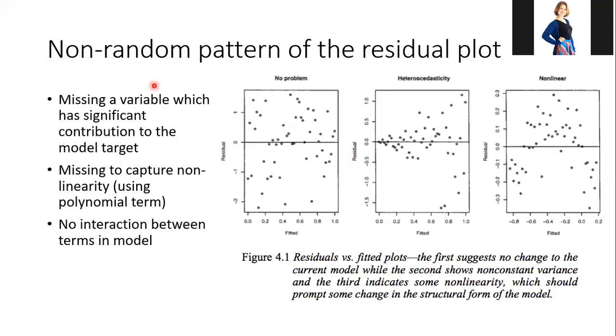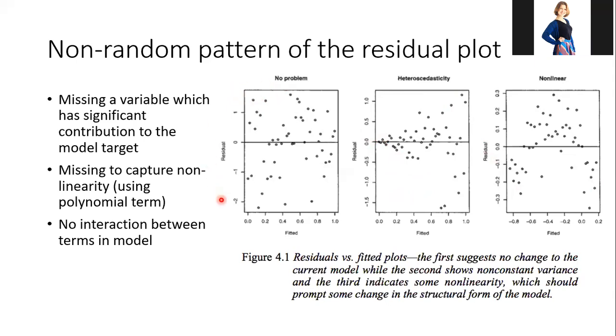So what does it mean that we have some pattern in our residuals? You see that in the third graph we have a quadratic dependence between x and residual. In the second plot, we see that the variance of the data increases with x.